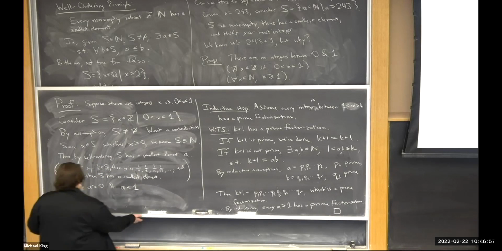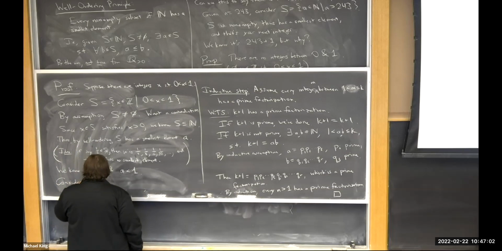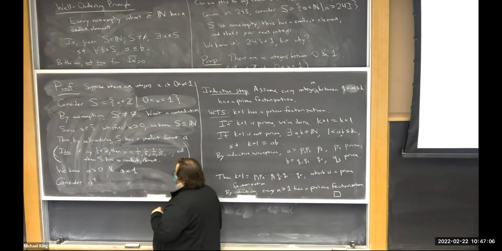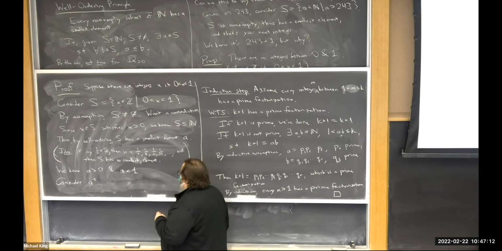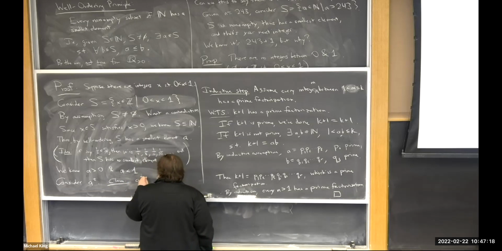So let's consider A squared. The claim is that A squared is going to be in the set and less than A. So we need to show those, right? So let me just write this claim. A squared is in S and A squared is less than A. I guess claims.